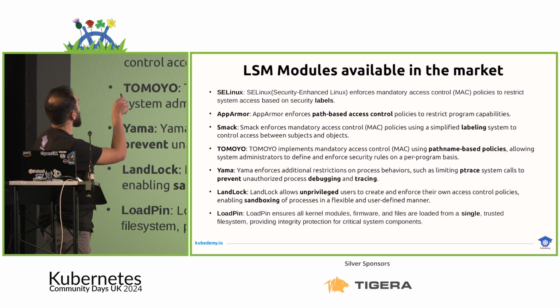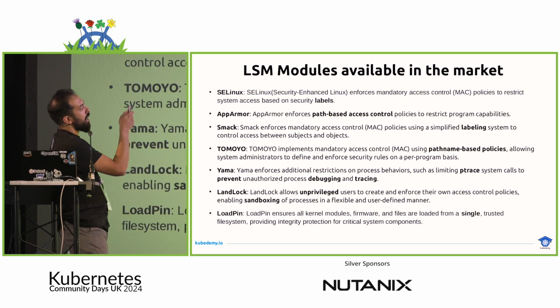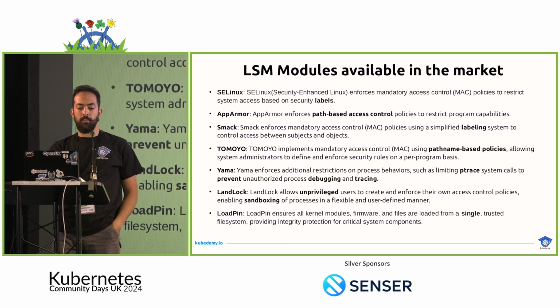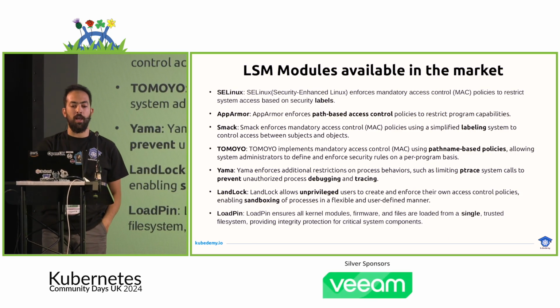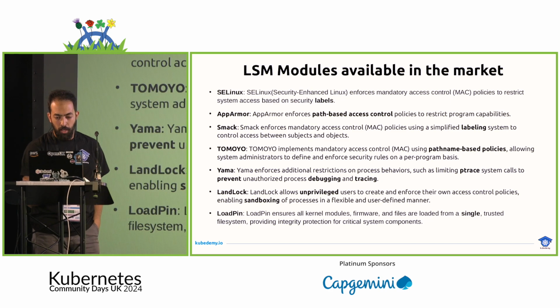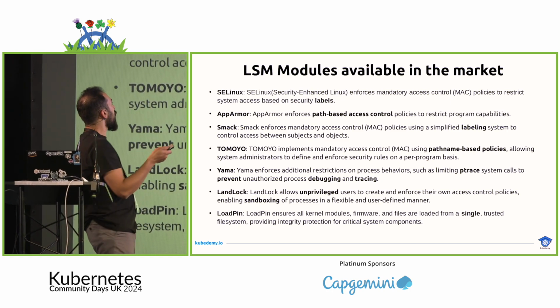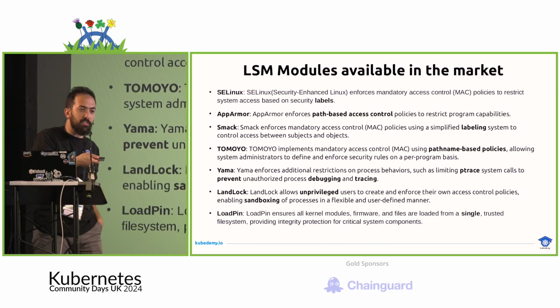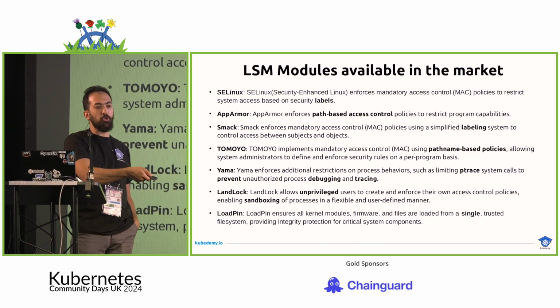At the moment, there are a bunch of LSMs available within the kernel: SELinux, AppArmor, SMACK, TOMOYO, Yama, Landlock, and LoadPin. And they provide different ways of enforcing policies for your process.